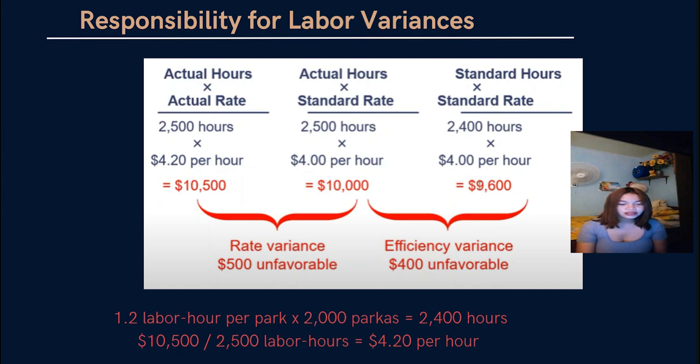The standard hours and standard rate is 2,400 hours times $4 per hour, which is equal to $9,600. 1.2 labor hours per parka times 2,000 parkas is equal to 2,400 hours. $10,500 divided by 2,500 labor hours is equal to $4.20 per hour.